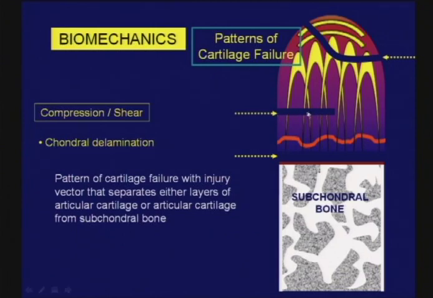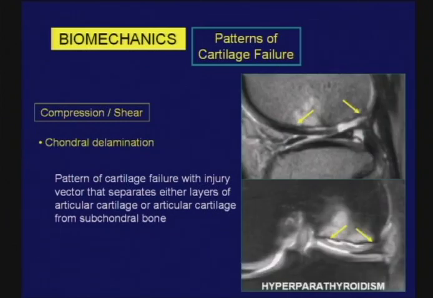This, in a mid-zonal area, is likely not going parallel to collagen fibers and should not be called cartilage delamination. True chondral delamination in its purest form is a separation of the articular cartilage from the subchondral bone. And we clearly see that, all right?